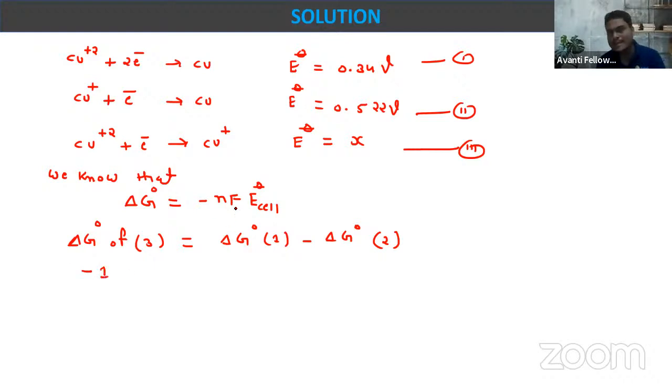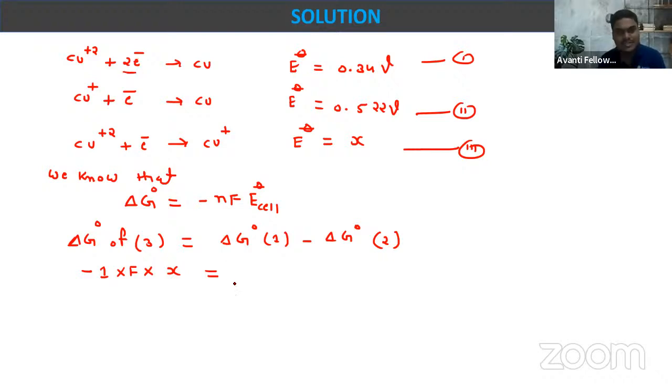We are using the formula minus nF E naught cell, right? F is cancelled in each of the given problems because F is common, right? So F is F. And what is E naught cell? It is not given. It is supposed to be x. This is what we need to calculate. Now, similarly for delta G1, what is the value of n, beta?